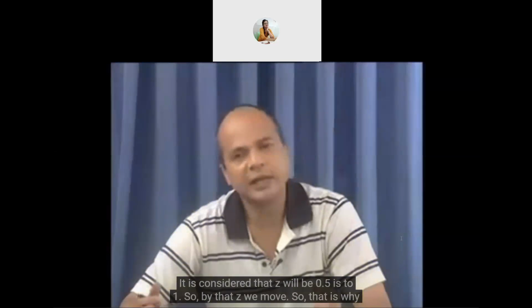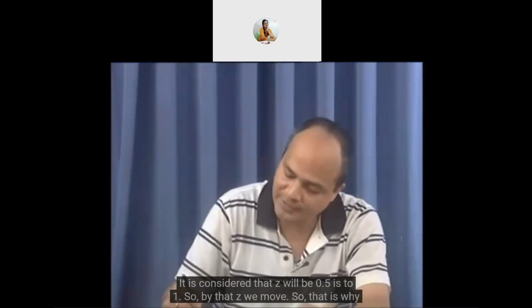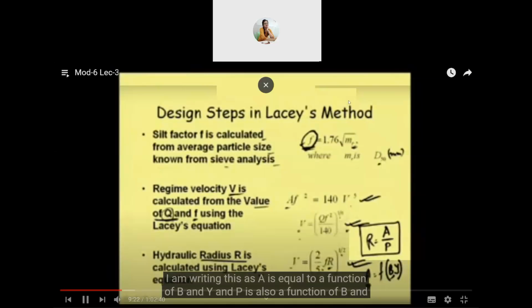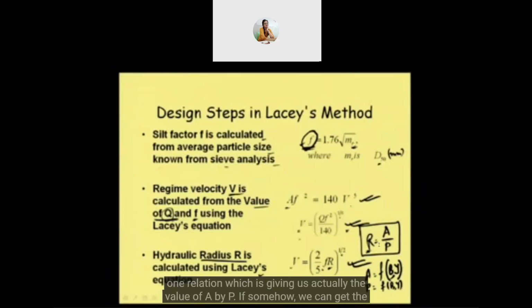So that's why I'm writing A as a function of B and Y, and P is also a function of B and Y. So we have two unknowns, and we are getting one relation which is actually giving us the value of A by P. If somehow we can get the value of A and P separately, then our task is over in a sense, because now we will have two equations of B and Y, and from those two equations we can solve for the two unknowns B and Y.